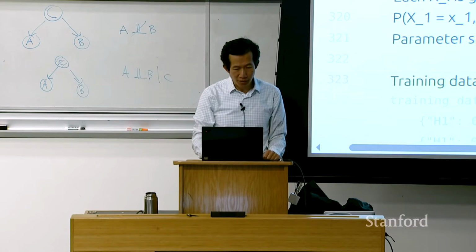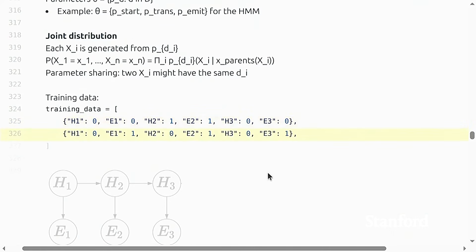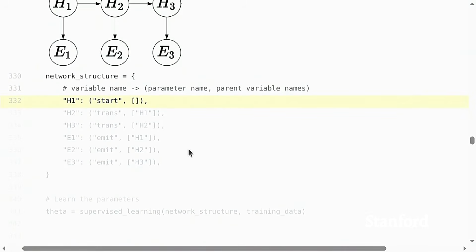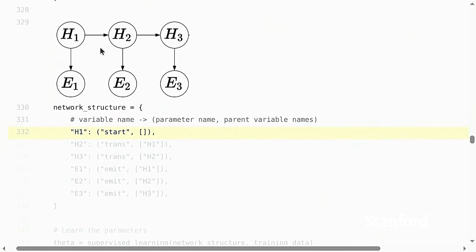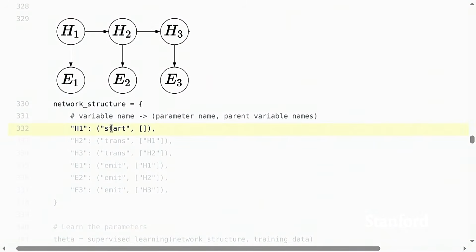All right, so let's go through estimation with this HMM example again. The same training data, each data point is a full assignment to all the variables. I'm going to define this network structure here. This is my way of encoding the structure of the Bayesian network, as well as which parameters power each node. For every variable, I have the parameter name, which is the element in D, and also the list of parent variable names.